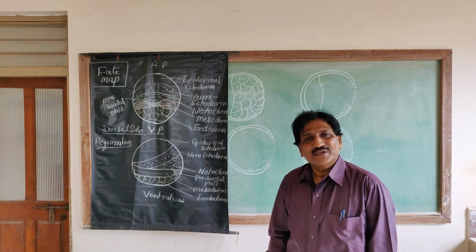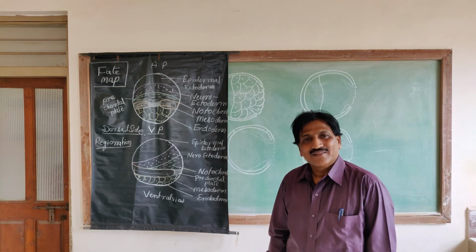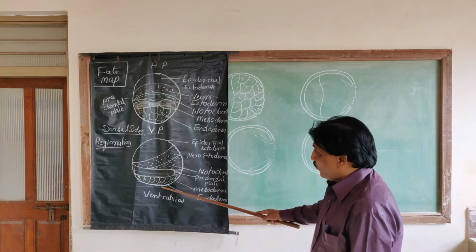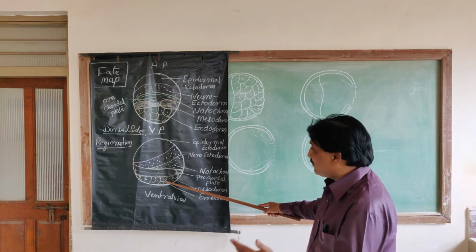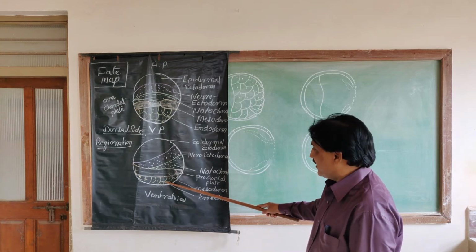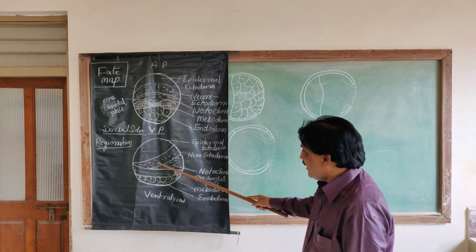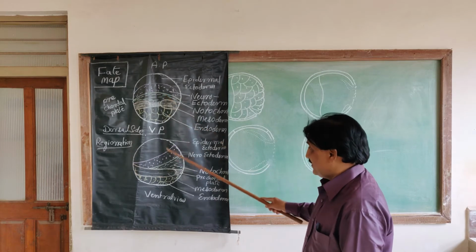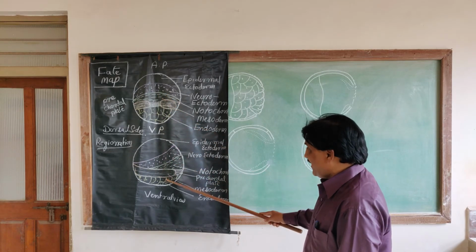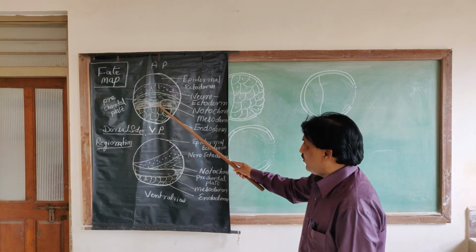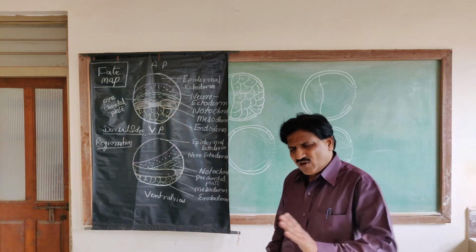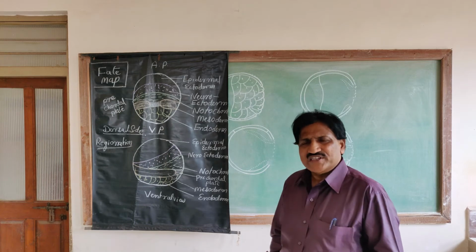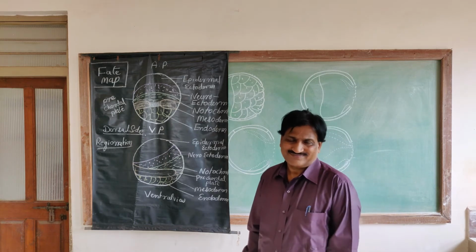To summarize, one is the endoderm, that is, the macromeres develop into endoderm. The second one is the notochord. Between the notochord and the endoderm there is a small area called the prechordal plate. On either side of the prechordal plate there is an area called the mesoderm.